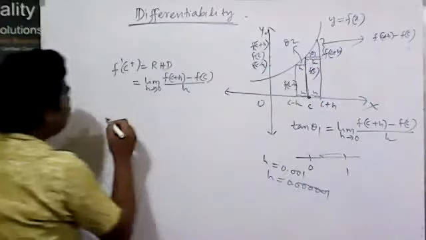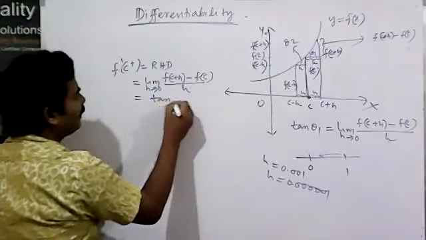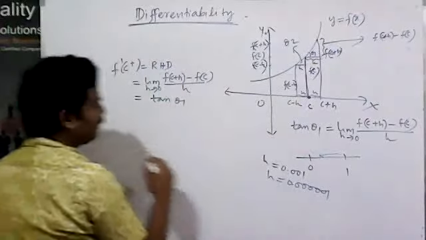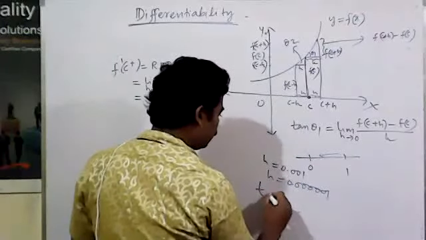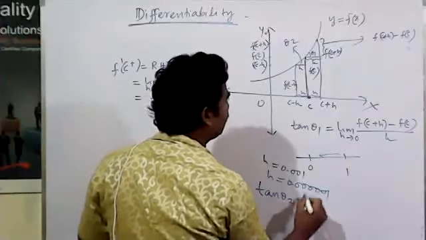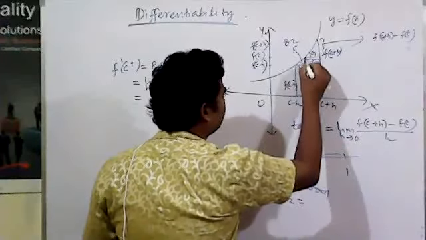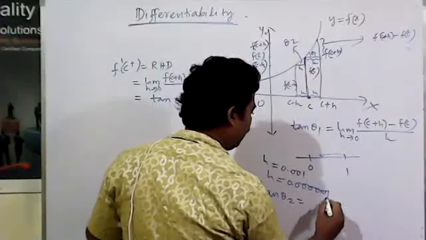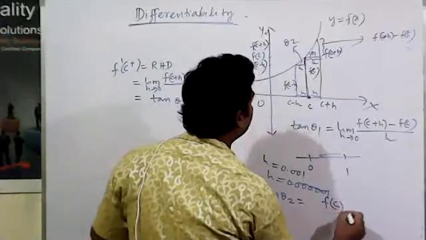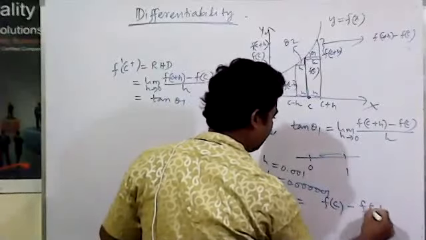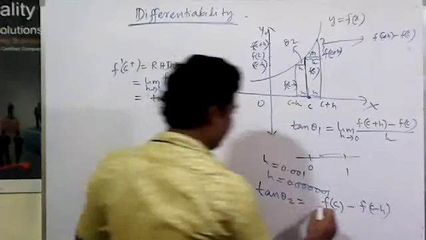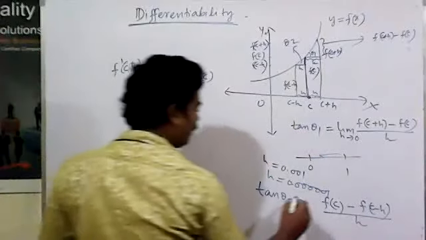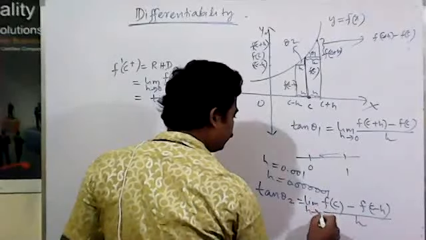Similarly, on the left side we have tan theta 2. This distance is equal to f(c) minus f(c minus h) divided by h, with the limit h tends to 0.